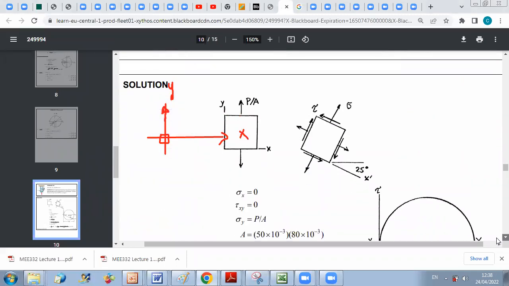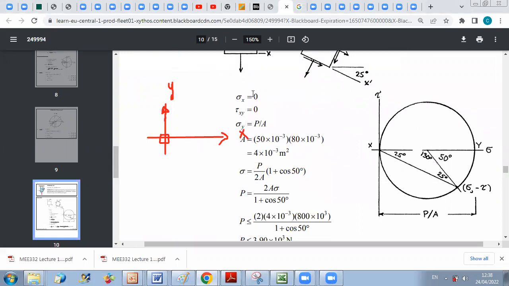So the state of stress is sigma X equals 0, tau XY equals 0, and sigma Y is plus because it's tension, P over A.